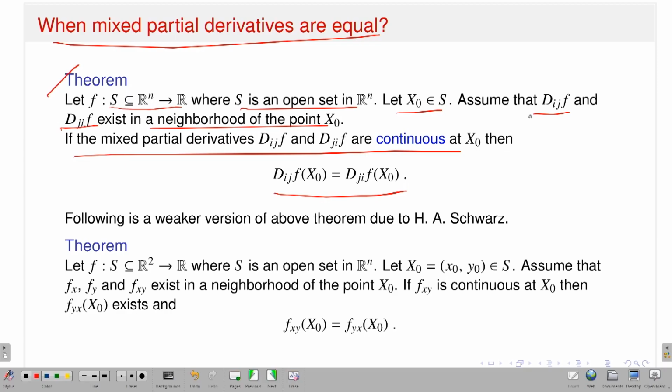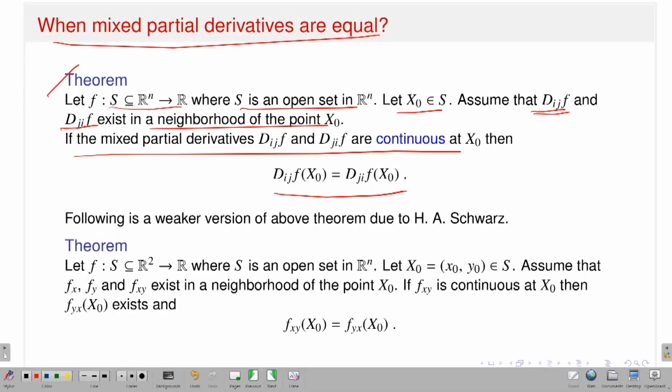First, the mixed partial derivatives should exist in a neighborhood of the point x naught, because I need the continuity of the mixed partial derivatives at x naught. Otherwise I cannot talk about continuity, right? If I want to talk about the continuity of a function f at some point, the function should be defined in a neighborhood of that point. Otherwise, I cannot talk about continuity.